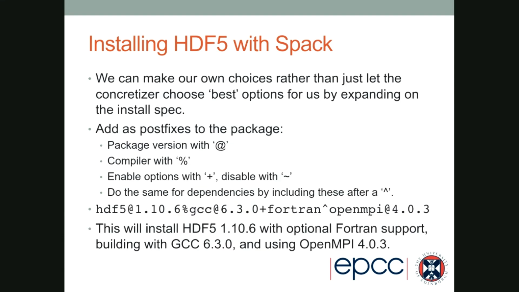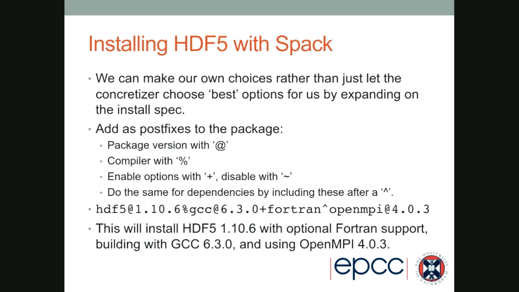Rather than always going ahead with these bare-bones specs, as they're called, like just install HDF5, we can override the best options. I say best rather than default because the defaults may be overridden if things turn out to conflict with one another. A big part of the concretizer's job is to work out what options do not conflict, what will actually work, and go ahead with it.